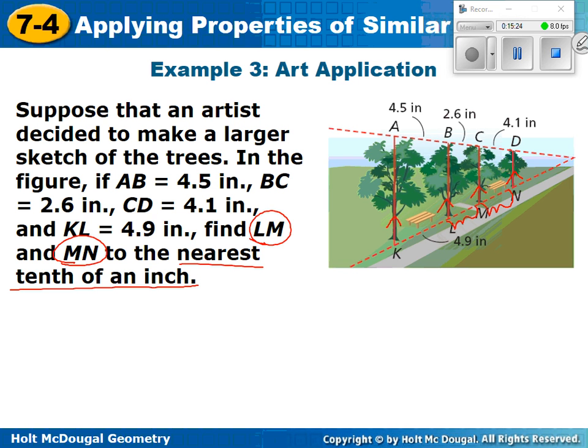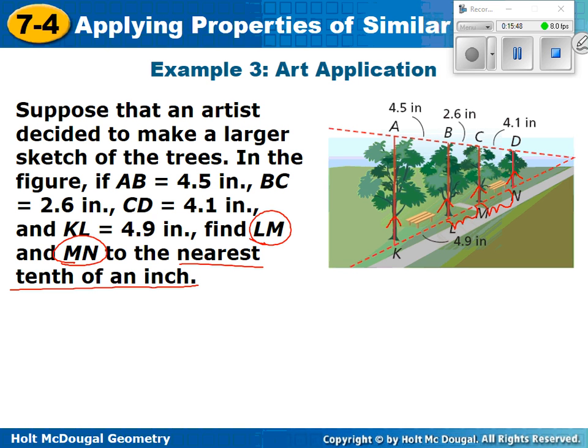Or BC over CD would be the same as LM over MN. Or AB over CD would be the same as KL over MN. All the pieces are going to be proportional. So if you have 5 parallel lines, you're going to have lots of pieces that are proportional.